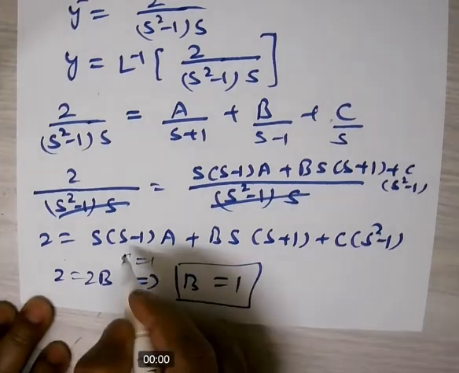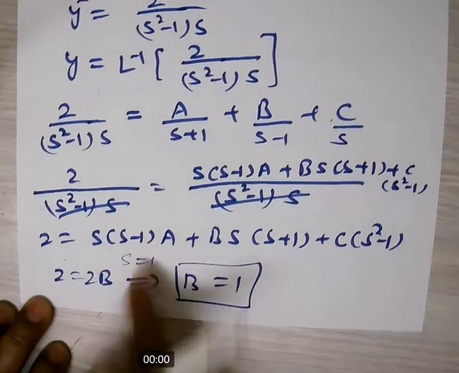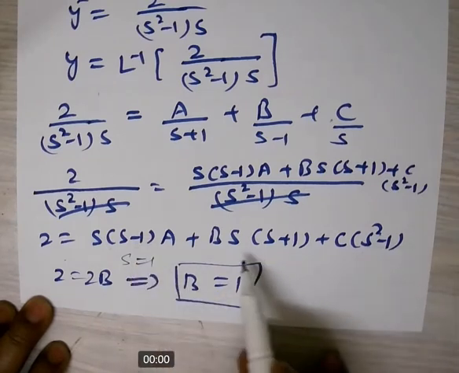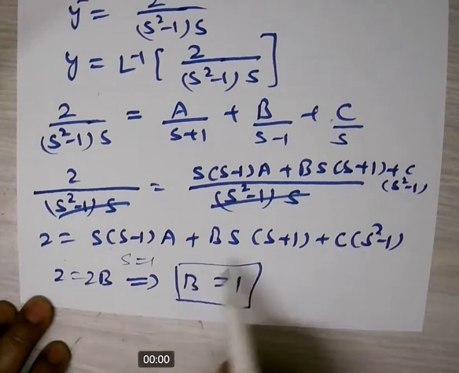Now step by step, write s is equal to 1. When you replace s is equal to 1, this becomes 0 and this becomes 0, so only the b part is remaining. So 2 equal to 2b, therefore b is equal to 1.